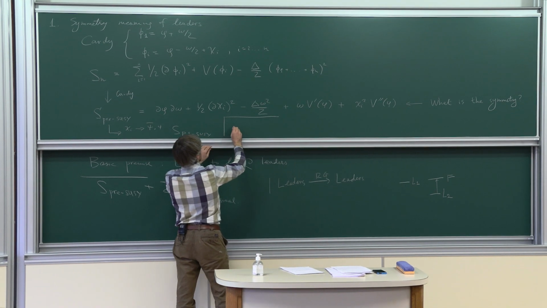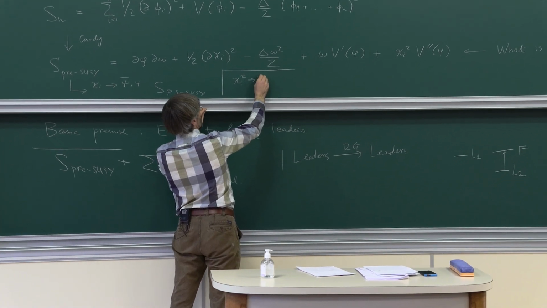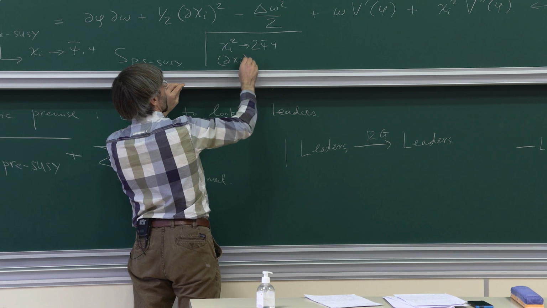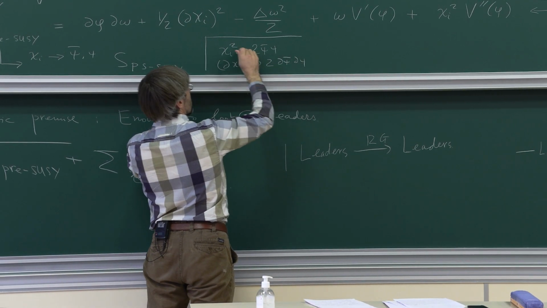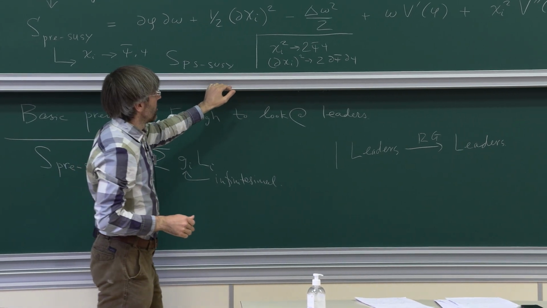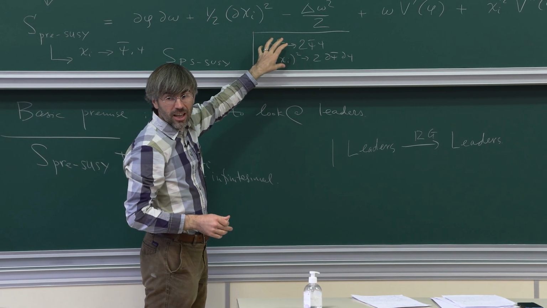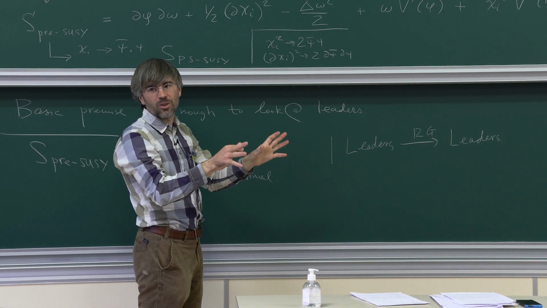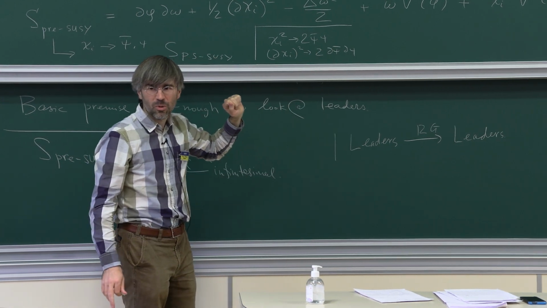Particular cases are, for example, chi squared goes to twice psi bar psi, and d chi squared goes to twice d psi bar d psi. But these are just two examples of a general rule, which, given any operator in which chi enters in O(N minus 2) invariant combinations, tells you very specifically which operator in terms of psi bars and psis you are supposed to map it to.